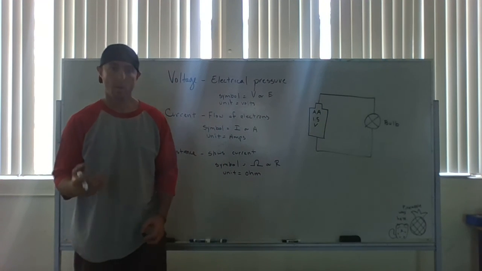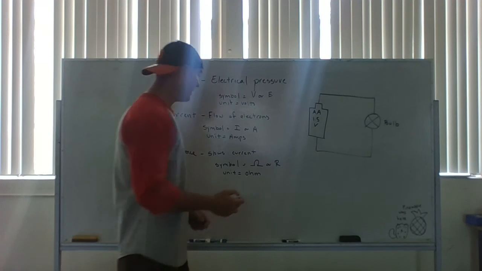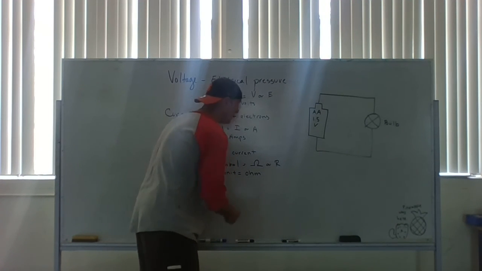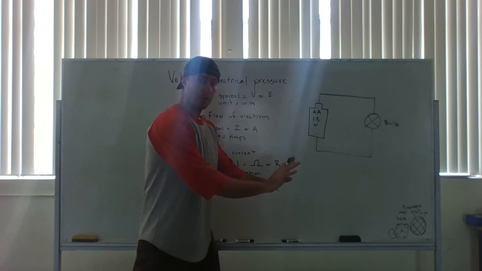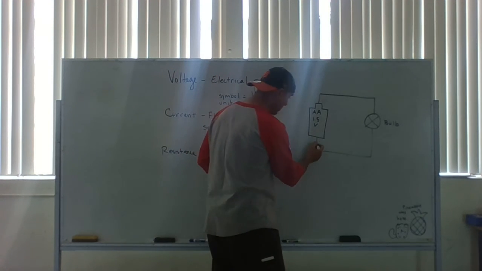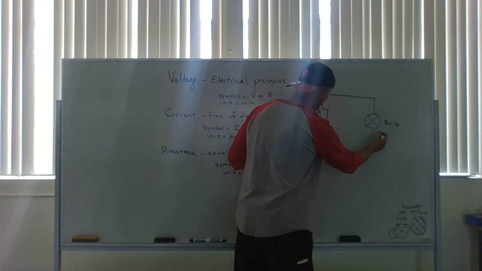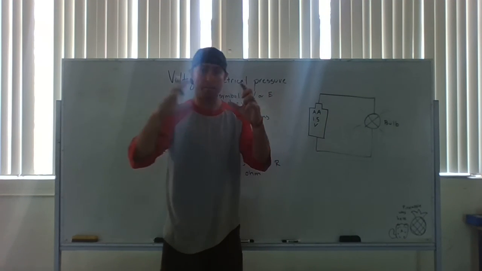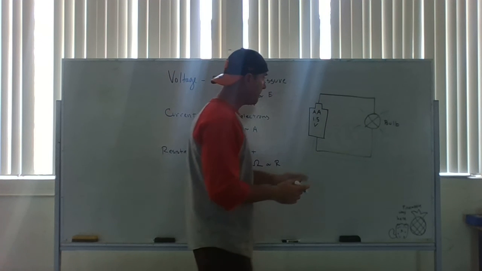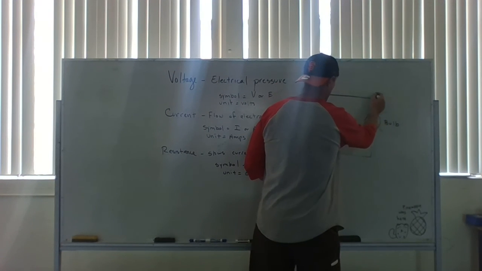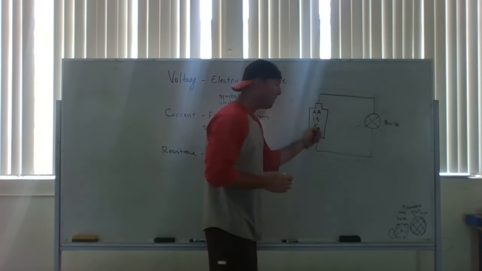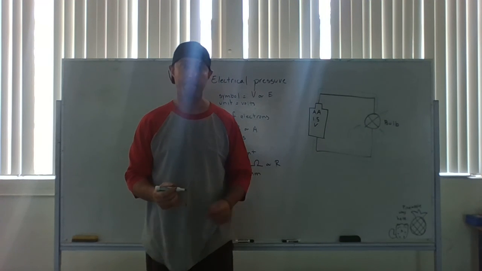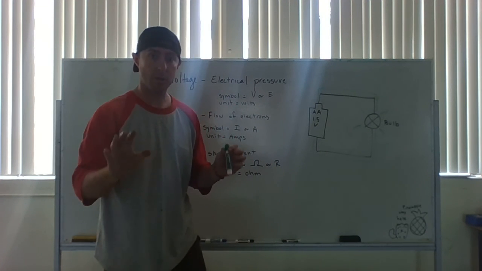All right, 1.5 volts on that battery is my electrical pressure. It's going to push electrons through here, and it's going to light up that light bulb. That's going to get bright. But by doing that, it's also going to slow down the electrons as they go back to the battery.